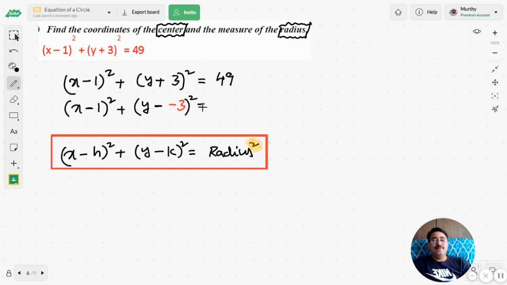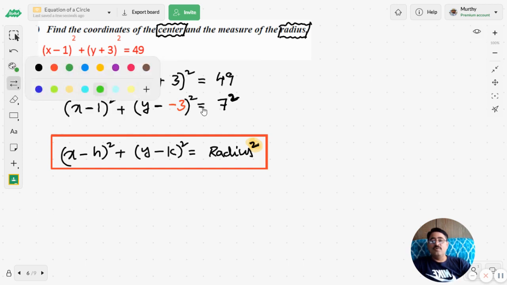Now I see that radius square is there, but do I have any square here? No. Then how can I write 49? It can be written in the form of 7 square. Remember, 7 square gives you 49. Now let me try to match each and everything. So let's try to match these. x is matching with x. Yes.